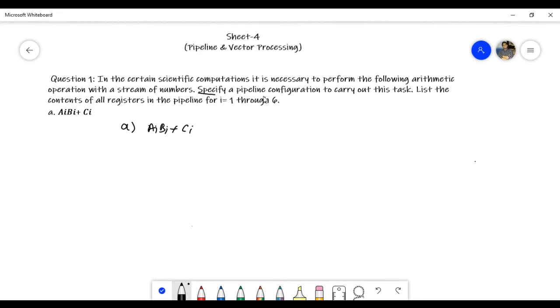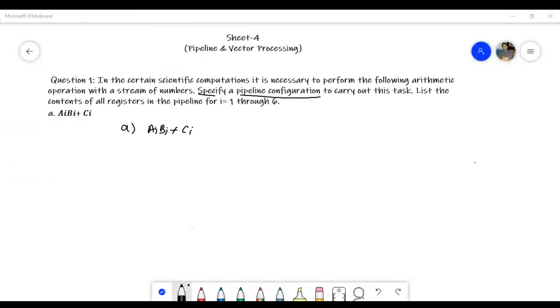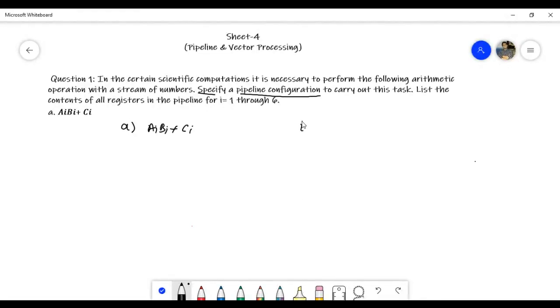Specify the pipeline configuration to carry out this task. List the content of all the registers in the pipeline for I equals 1 to 6, where A I times B I plus C I. So I value is from 1 to 6.